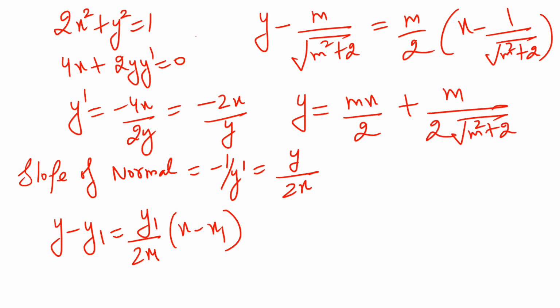Right? Now students, it is given to us that this normal is intersecting the x-axis at the point -1 upon 3 root 2, 0. So obviously this point must satisfy the equation of the normal. So just put the value of x as minus 1 upon 3 root 2 and y as 0.